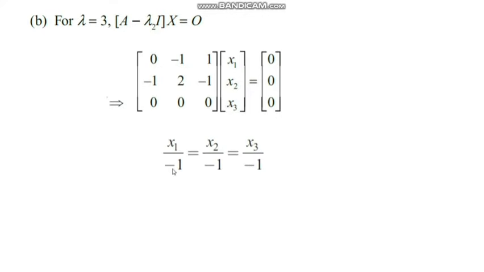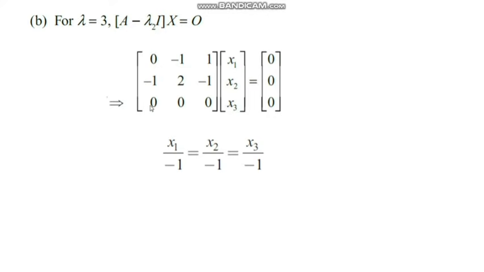Write x1, x2, x3. Minus 1 is only the cofactor to this element 0. This is obtained by eliminating the row and column containing 0. Minus 1 into minus 1 is positive 1, minus 2, that is only minus 1. This denominator element can be obtained from the cofactor to the element 0 in the third row.